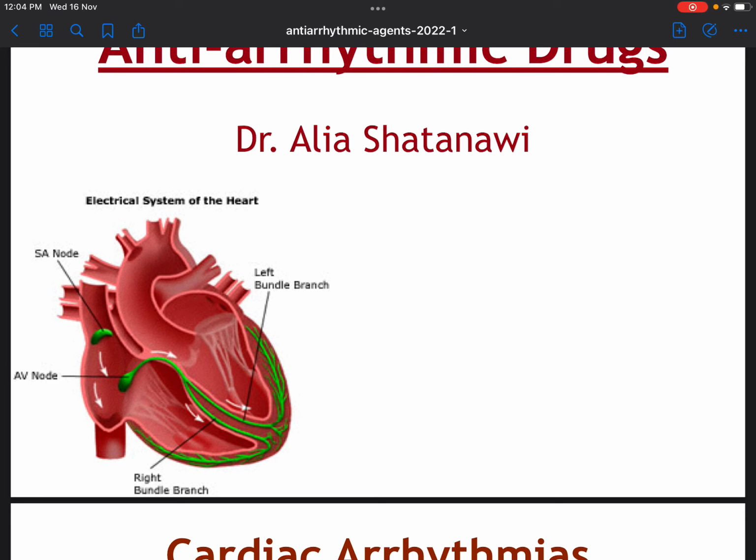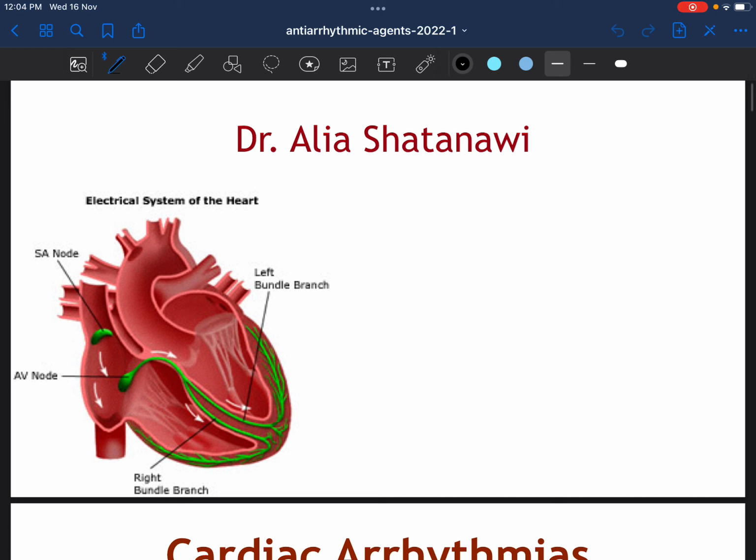So did you learn about how the action potential is produced in the SA node? And then we have here, what is this? The AV node. And here, the bundle of His. So we have the right and left branches. And then Purkinje fibers. And then we have multiple branches of this electrical system. So you learned about the electrophysiology of the heart, right?